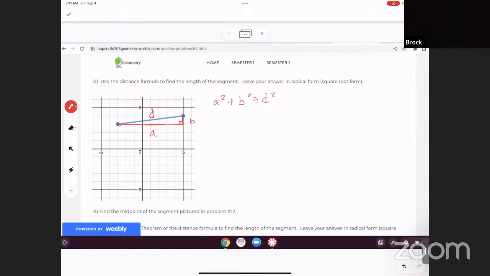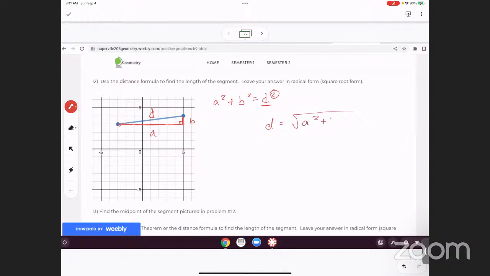Yeah. So the distance formula, if I took this, how do I get rid of a square? How do I solve this just for d? You square root it. So d equals the square root of a squared plus b squared, and a and b are just the side lengths over there. So what is this distance right here? Well, it's the difference between 5 and -3.